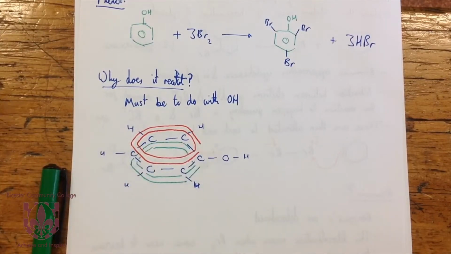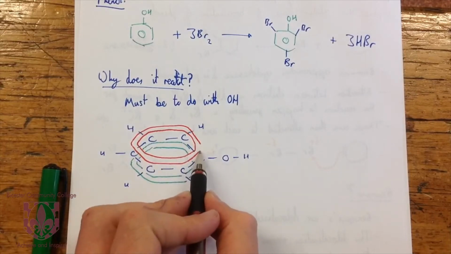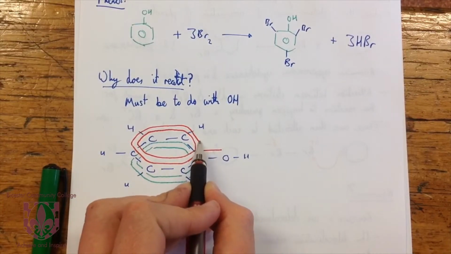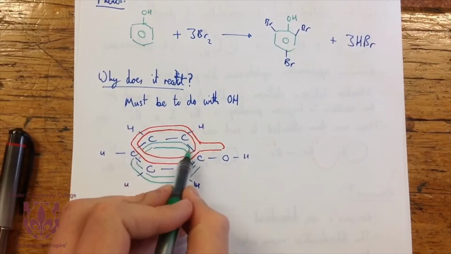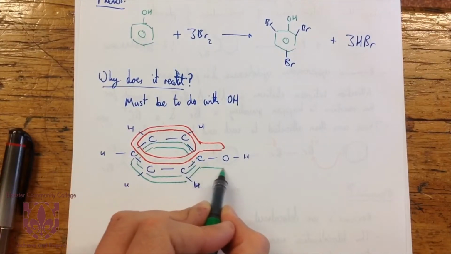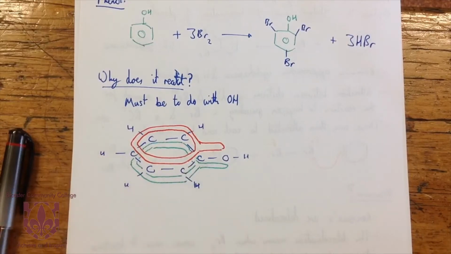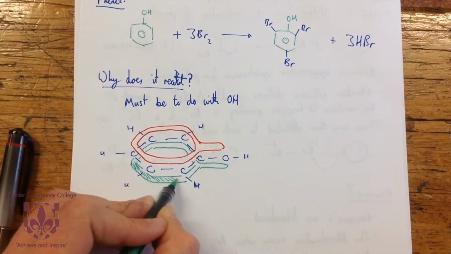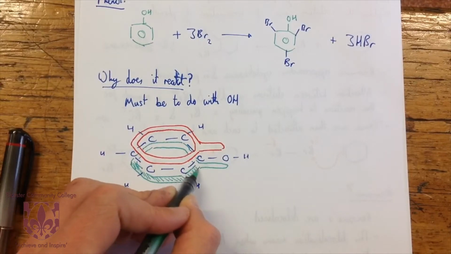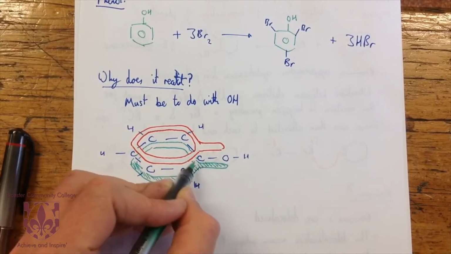So I can draw that in now. And with our lone pair on oxygen, what happens is that lone pair adds to the system. Okay, so we get this extra overlap here, and the delocalized electron system extends onto the oxygen.